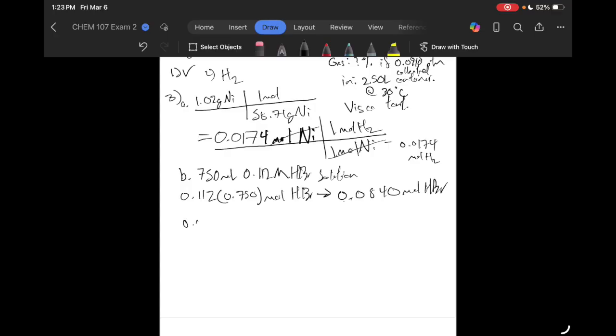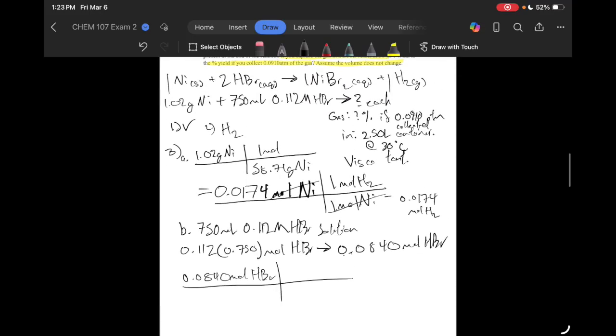So we have 0.0840 moles of HBr. We're going to multiply that by our conversion factor, which is our molar ratio. So we have for every 1 mole of H2, there will be 2 moles of HBr.